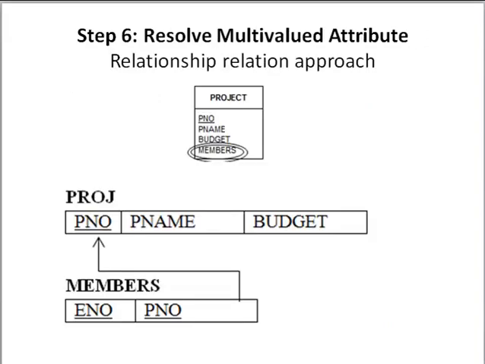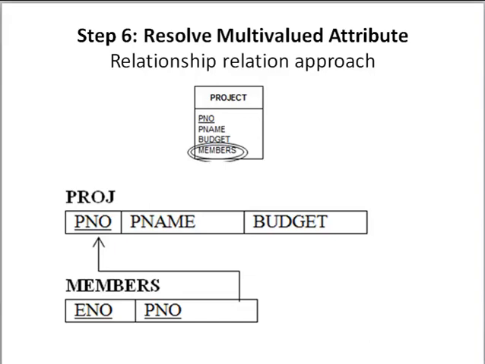Step 6 is where we now address any multi-valued attributes. So, if we had created the project relation in step 1, then we had that multi-valued attribute called members.